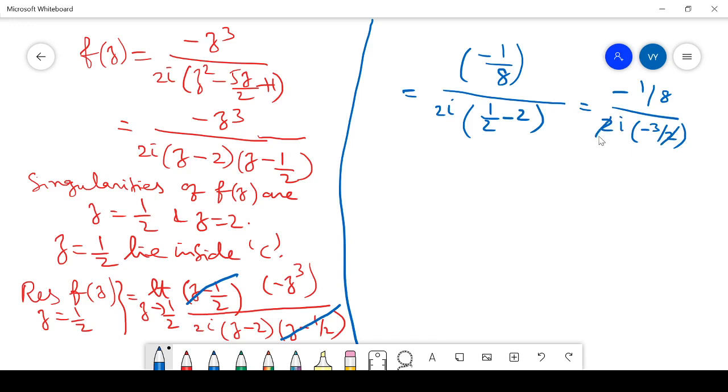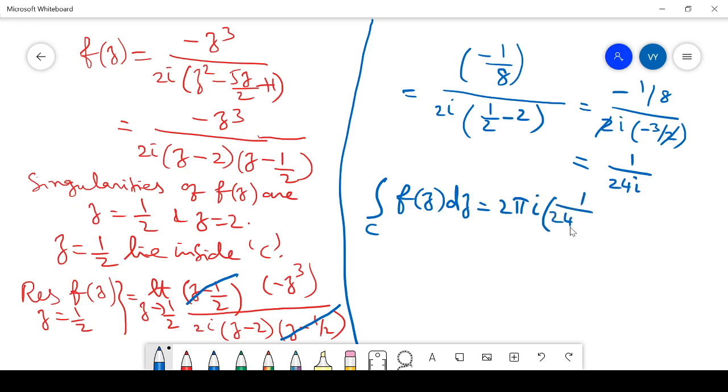These two get cancelled, so you will have 1 by 24i. So the integral over C of f of z dz will be 2 pi i into 1 by 24i, which is pi by 12.